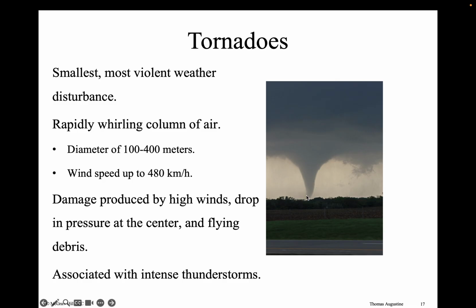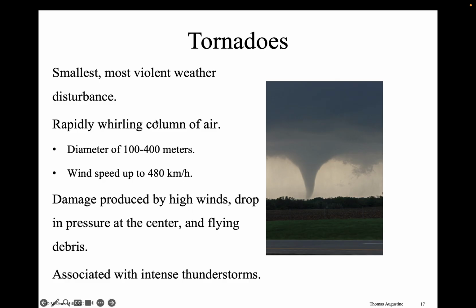The diameter of a tornado can be from 100 to 400 meters, so it can take a few hours for a tornado to cross long distances. The wind speed can reach up to 480 kilometers per hour, so the winds can be really fast.